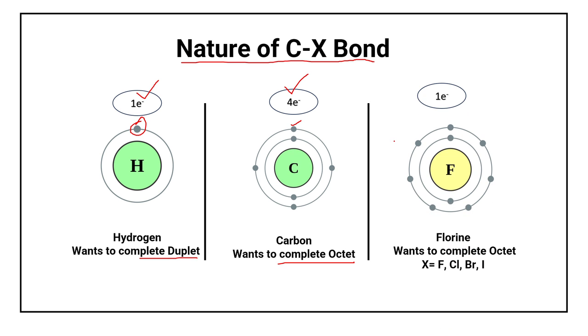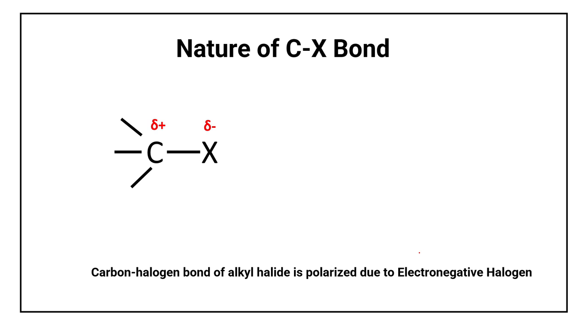And the halogen atoms, such as fluorine, chlorine, bromine or iodine, have 7 electrons in their outermost shell, and in order to get a noble gas configuration and complete the octet, they need to gain one more electron. This makes all the halogens electronegative, and fluorine is one of the most electronegative atoms.